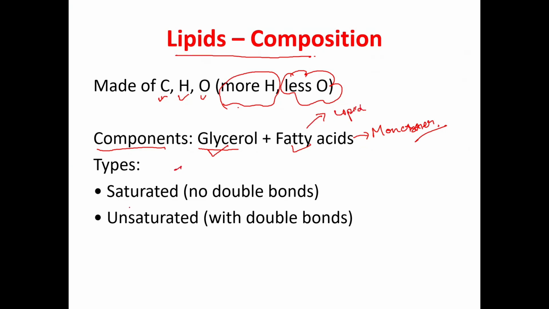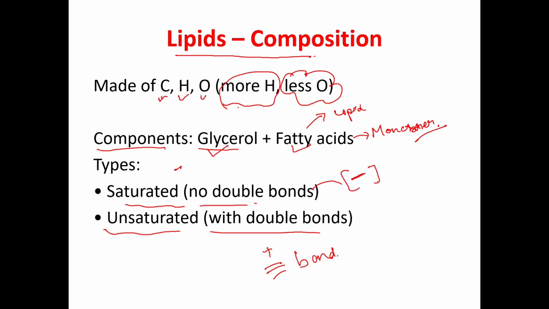Types of lipids: saturated, with no double bond, only single bonds, and unsaturated, with a double or triple bond between two carbon atoms. When carbon is bonded to another carbon by a single bond, it is called a saturated fatty acid, and with a carbon-carbon double or triple bond, it makes an unsaturated fatty acid.